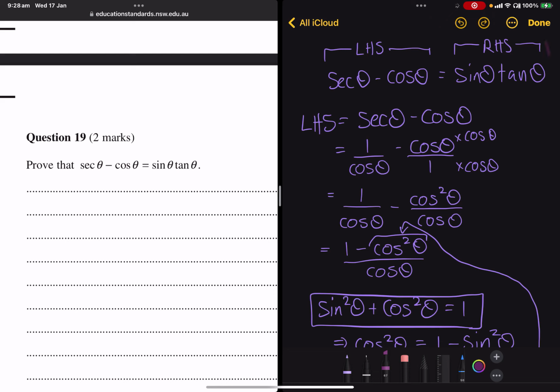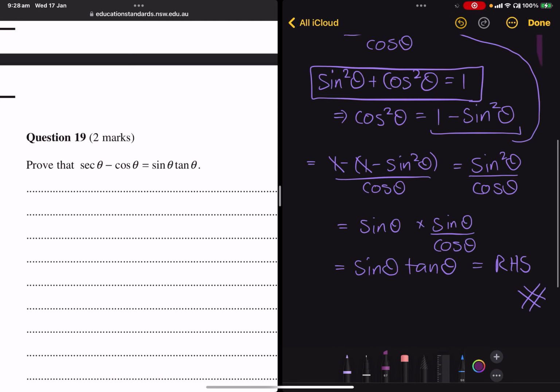So this bit here is our first mark. In order to get the second mark, you need to show that one of the sides is equal to the other side. So in this case, this was getting down to the fact that the left-hand side was equal to the right-hand side by showing that the left-hand side could be written as sine theta tan theta.